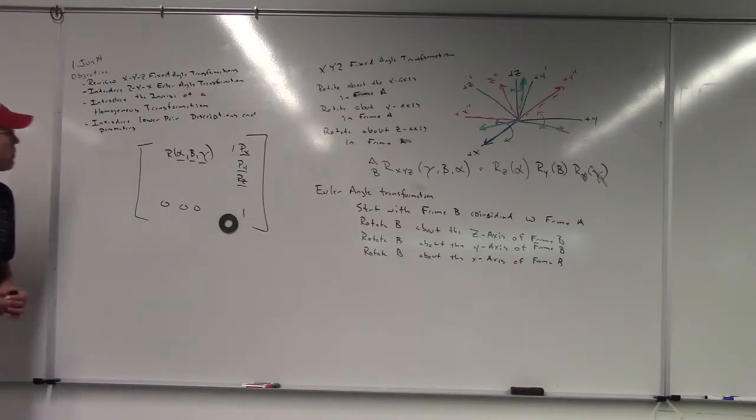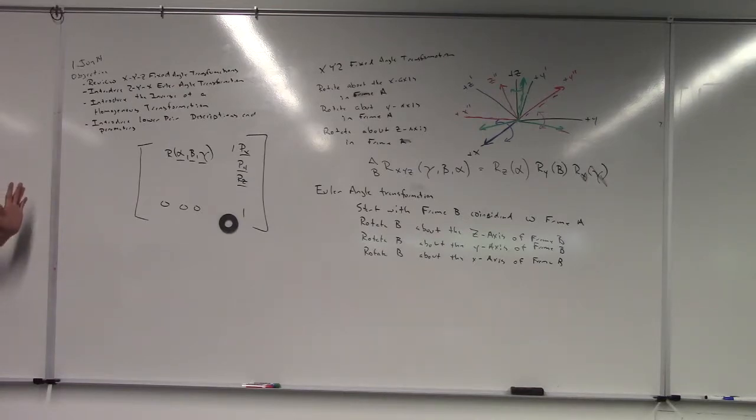Okay, so with that, we're almost done with chapter 2. Here in just a second, you'll be able to knock out the assignment for chapter 2 by reviewing your notes. The only other thing we have to pick out in chapter 2 is how to determine the inverse of a homogeneous transformation.